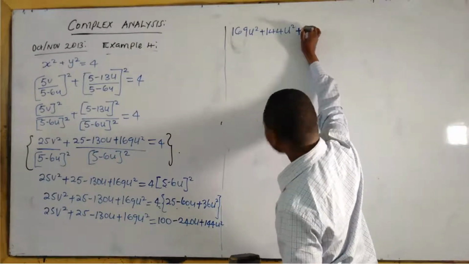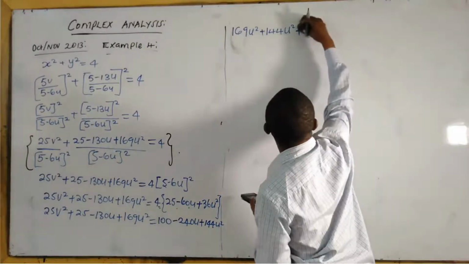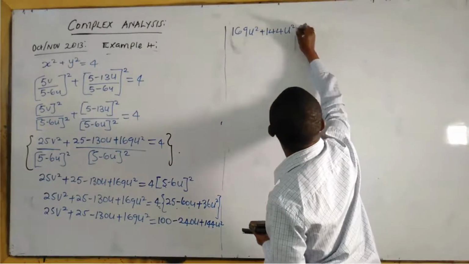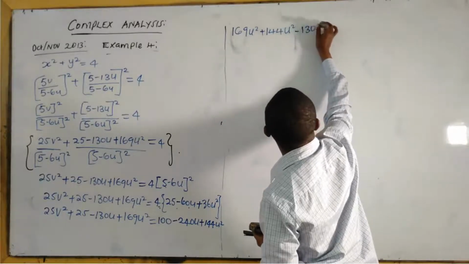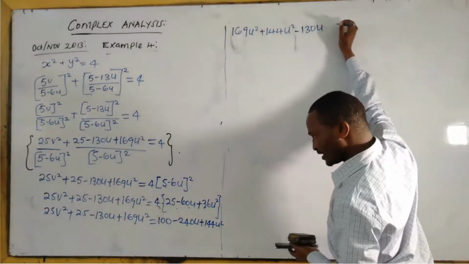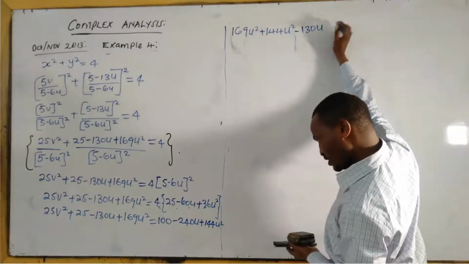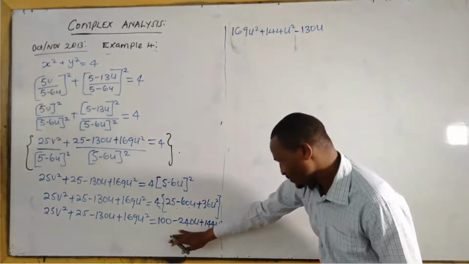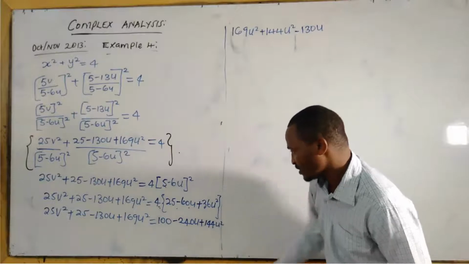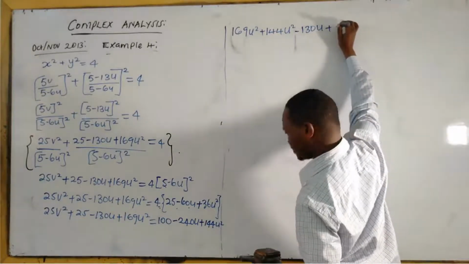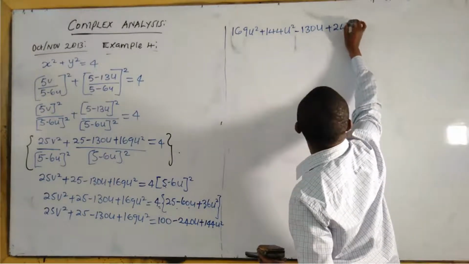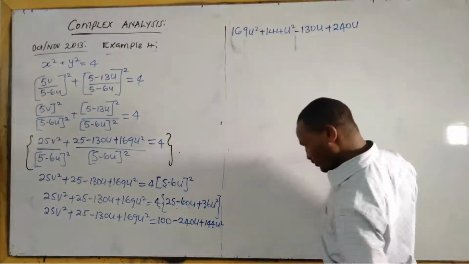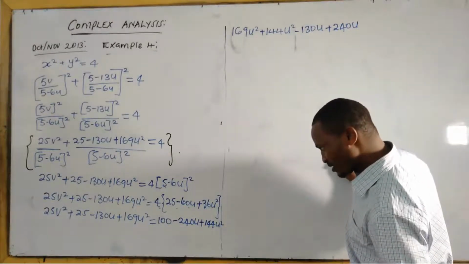So it is 130u, no, not positive, but negative. Negative 130u, this is positive when it goes to the other side of the equation, plus 240u. What else?